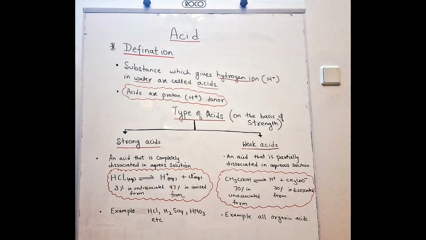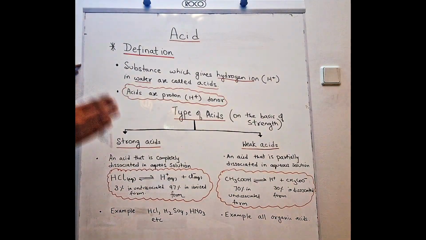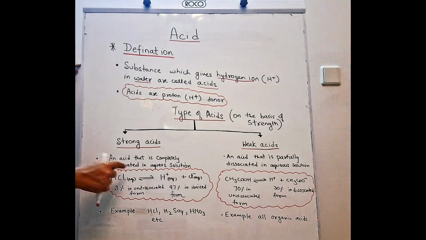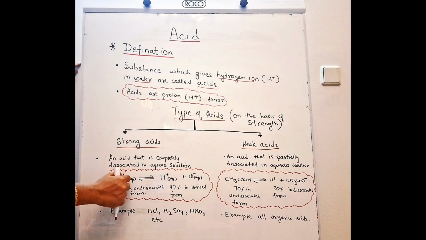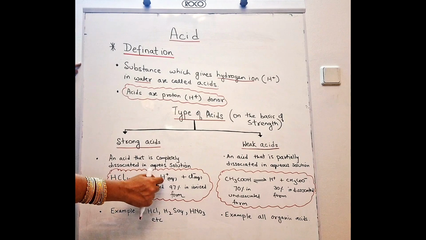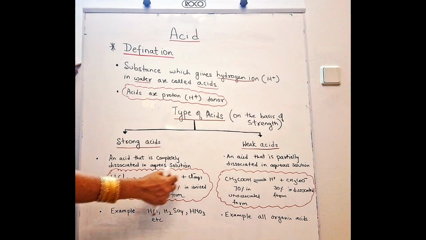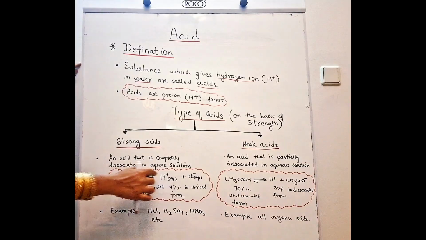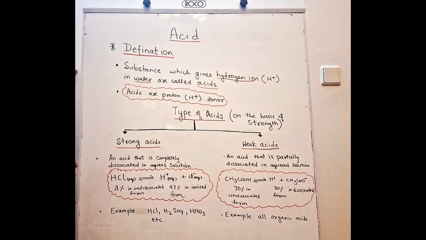Now let me explain with an example. Suppose HCl. HCl behaves as an acid because it is able to give H plus ion. Whenever HCl is in aqueous solution, it will be present in the form of H plus ion and Cl minus ion. So HCl is giving H plus ion and Cl minus ion.